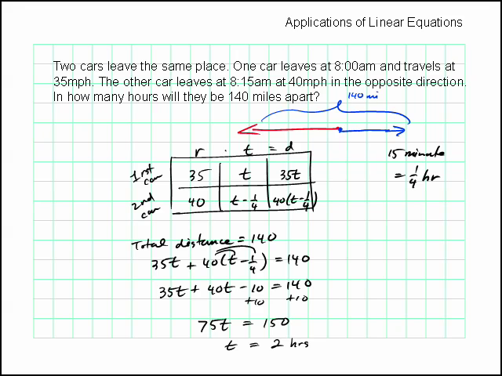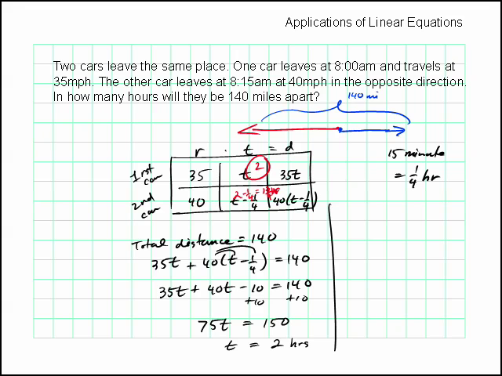So if I go back up here, t is 2. This is 2, and this is 2 here, so this is 2 minus a fourth. That's going to be 1 3/4 hours. I'll write it down here for you.